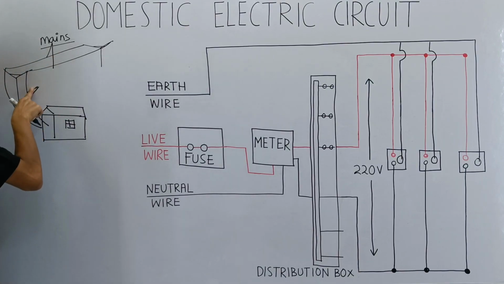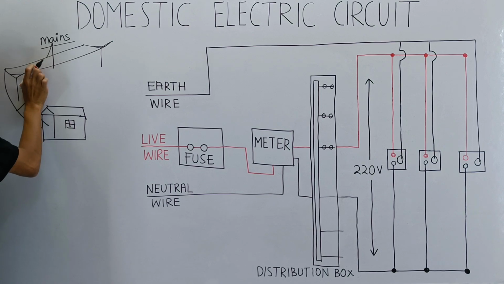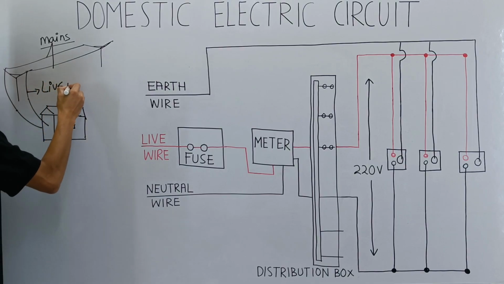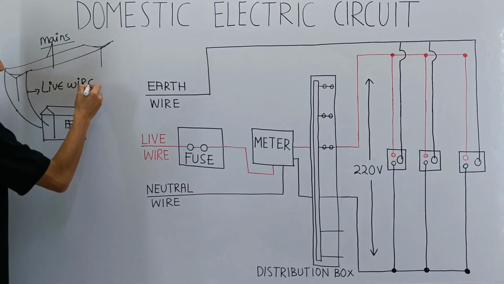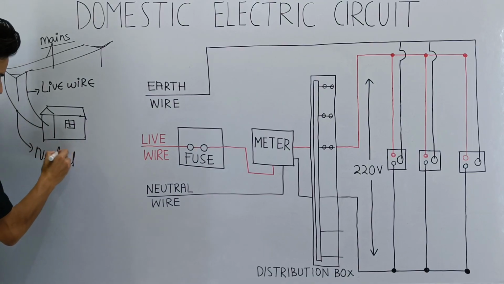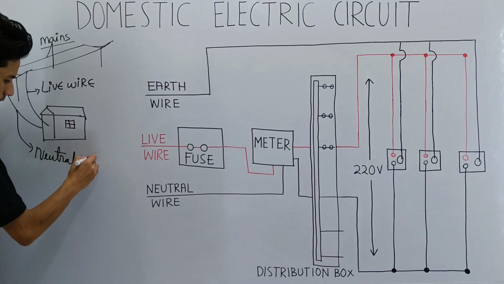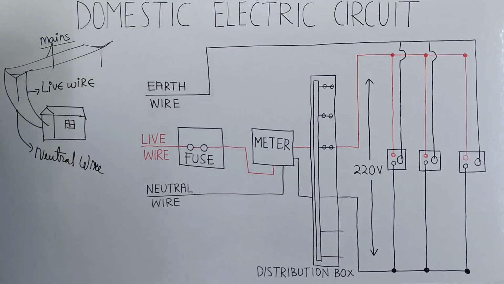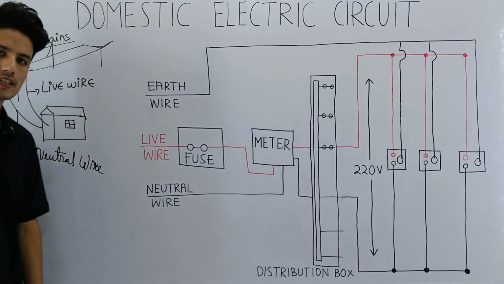Now, these two will have a separate name. One of these wires which brings in the current is called the live wire, and the other is called the neutral wire.